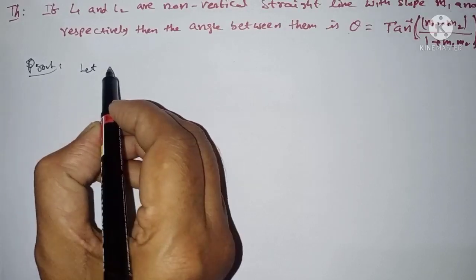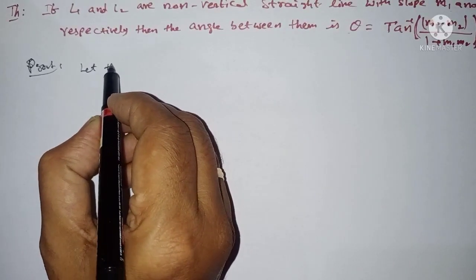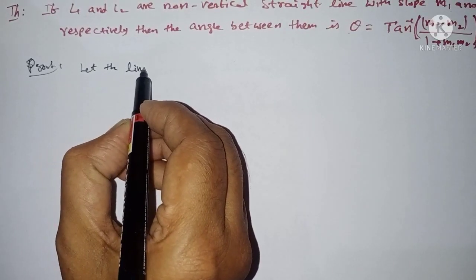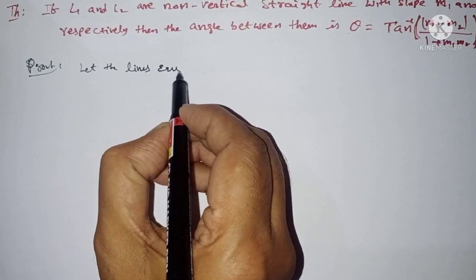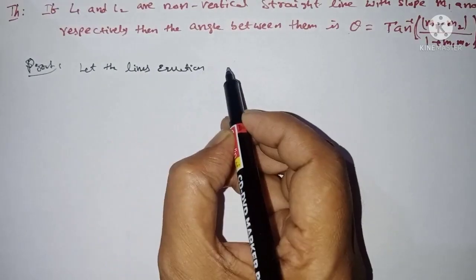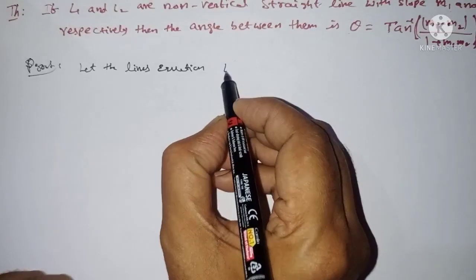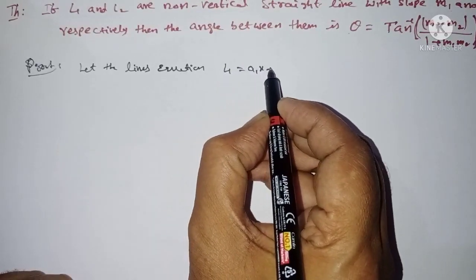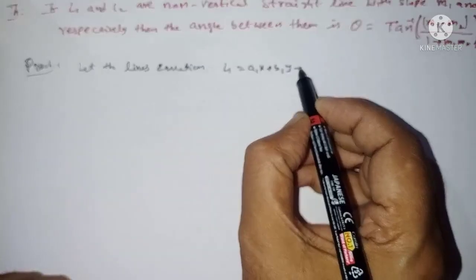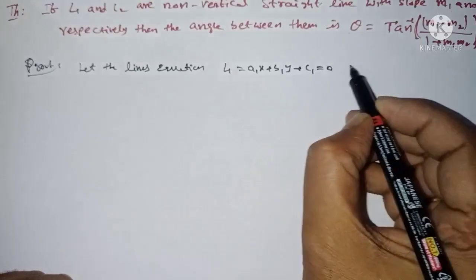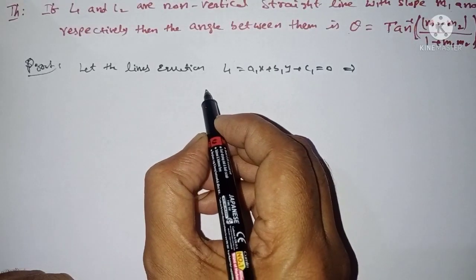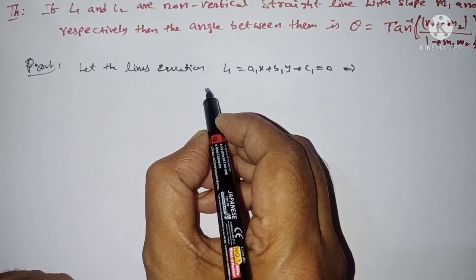Let the line equations be given. L1 is a1x plus b1y plus c1 is equal to 0. Therefore, what is the slope?